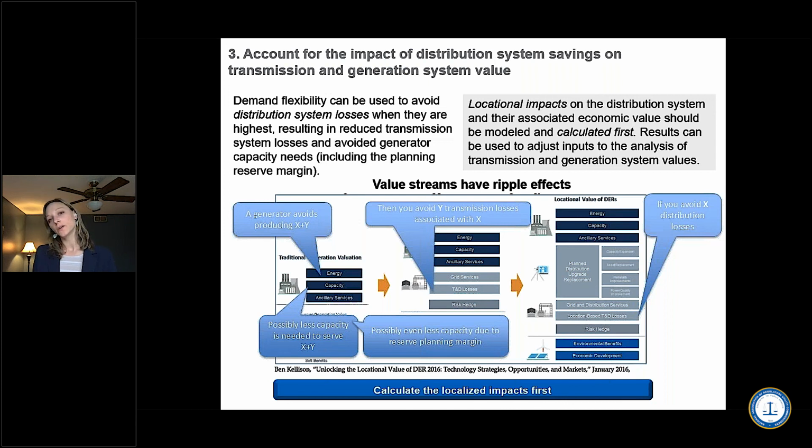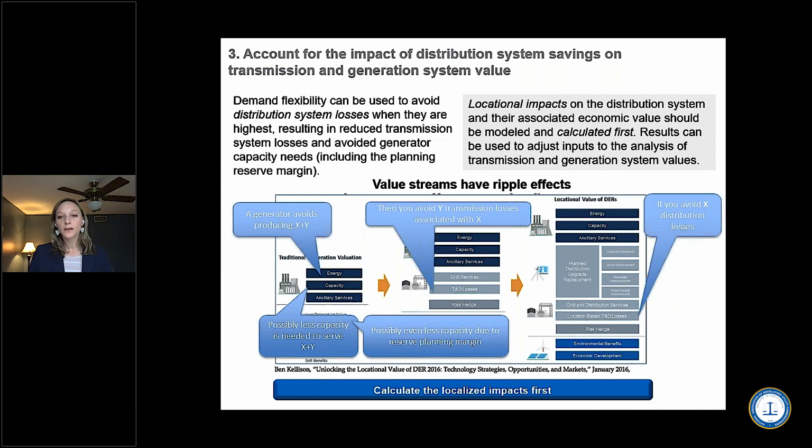And if you look at this chart, you move from the right side where it says if you avoid X distribution losses and you move over towards the center, then you're going to avoid Y transmission losses associated with those distribution system losses X. And then moving further to the left, the generator can avoid producing X plus Y. And then down to the bottom, there's possibly less capacity needed to serve the X plus Y. And also there is less capacity reserve margin that is necessary.